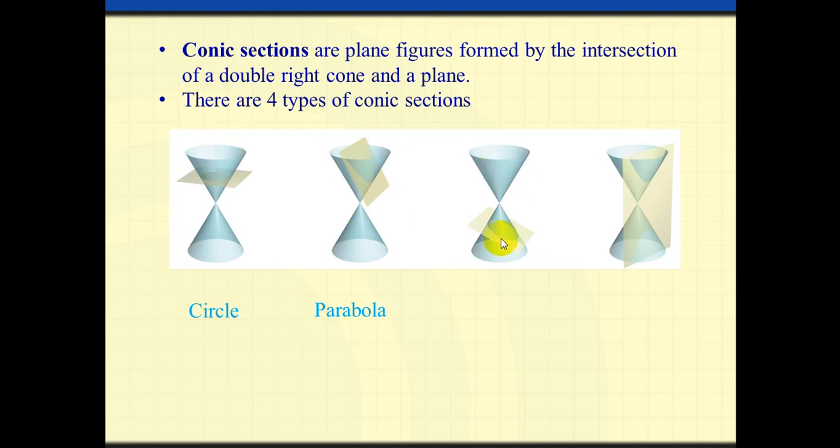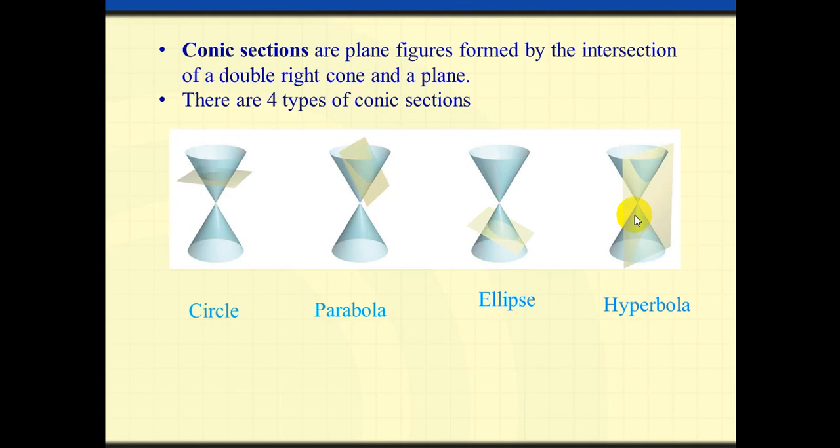Third figure, when the intersection is this way, we obtain an ellipse. The ellipse is generated when the plane is tilted so it intersects each generator but only intersects one nappe.